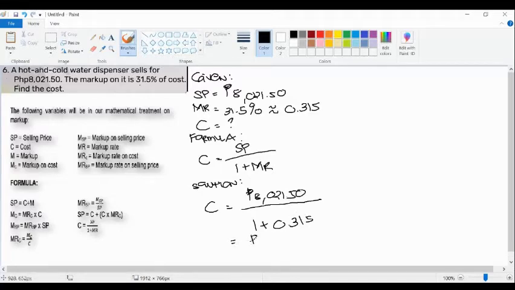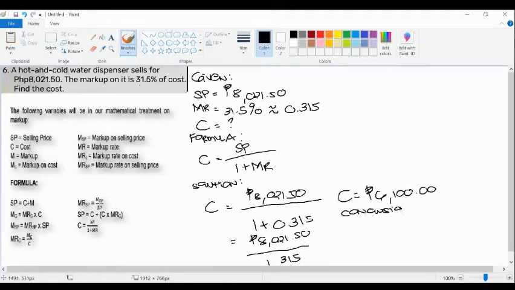So, that will give us 1.315. It will give us an answer of 6,100 pesos. So, therefore, your conclusion is 6,100 pesos.